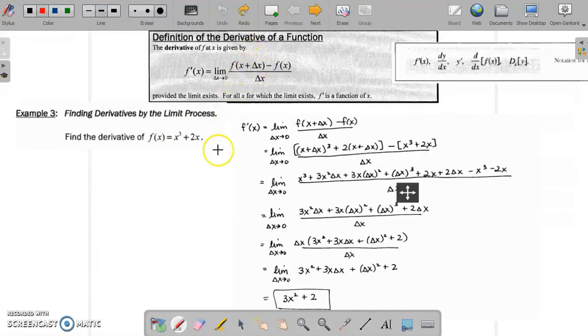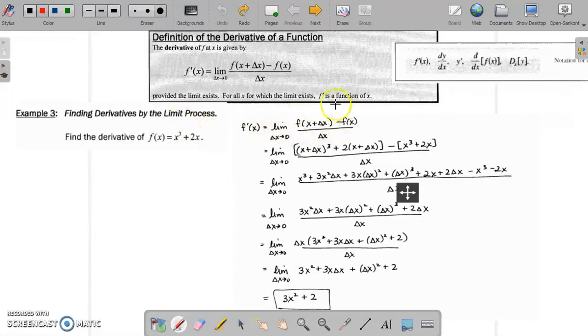So this is basically the y value of one point on the graph, minus the y value of another point on the graph. And then delta x is the change in x, which is basically the denominator of the slope. So what we're going to do is find the limit as that change in x gets smaller and smaller and smaller and approaches 0.